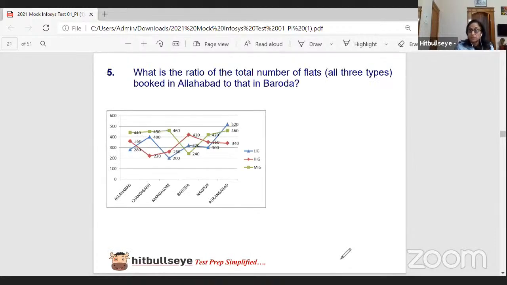One more question based on the same block. This one is now talking about ratio. Identify the way I do. Identify the cities, identify the type, and then find the required calculation.